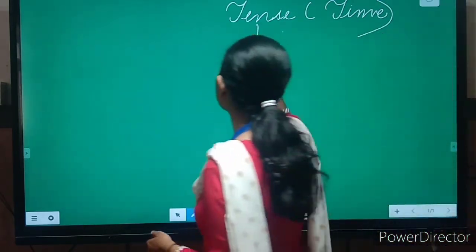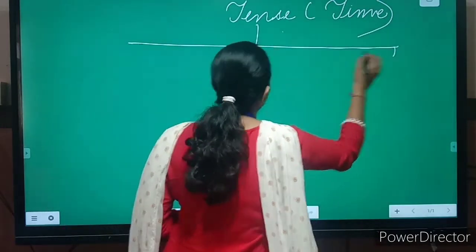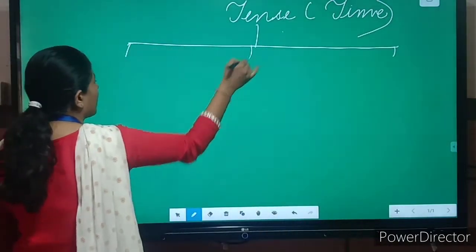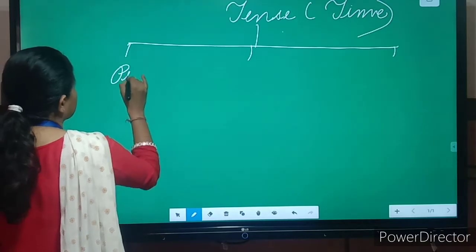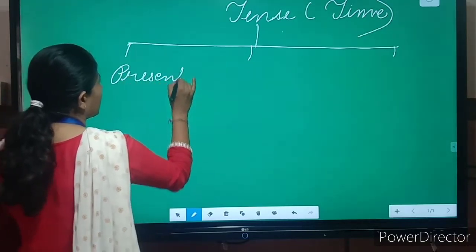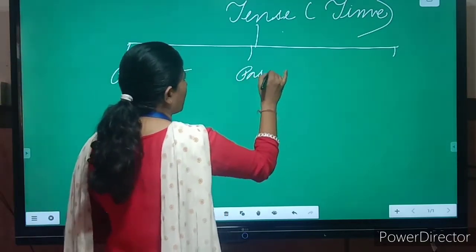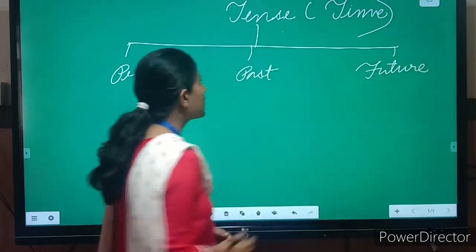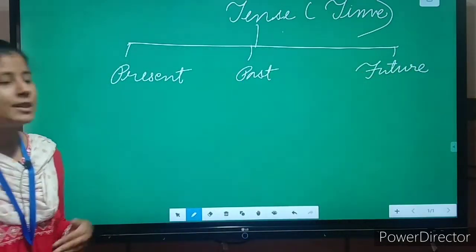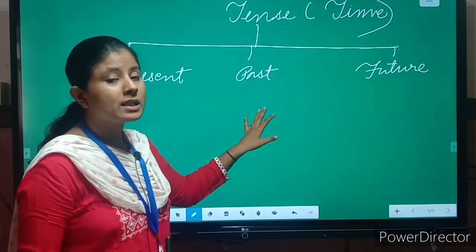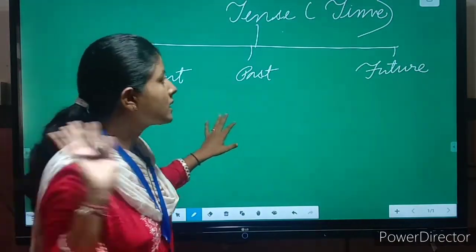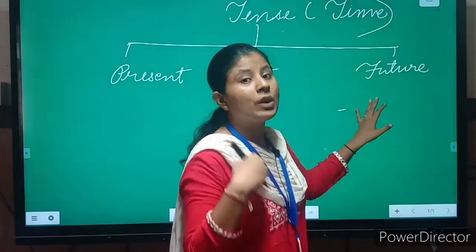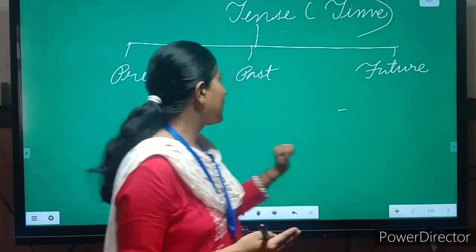So here you all know that tenses are of three parts, that is present, past and the future, right? Present, the time which is going on; past, the time which is already passed; and the future, the time which will come in future. Clear?